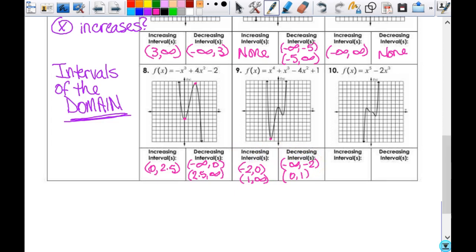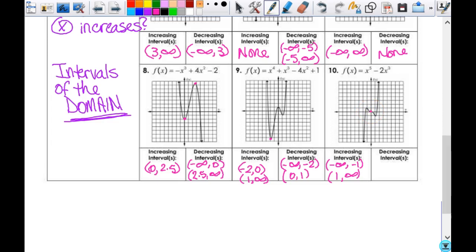All right, so are there any increasing intervals? Yes, I'm increasing from negative infinity to where? Negative 1. And then where? 1 to infinity. And then, what's this point right here called? Point of inflection.